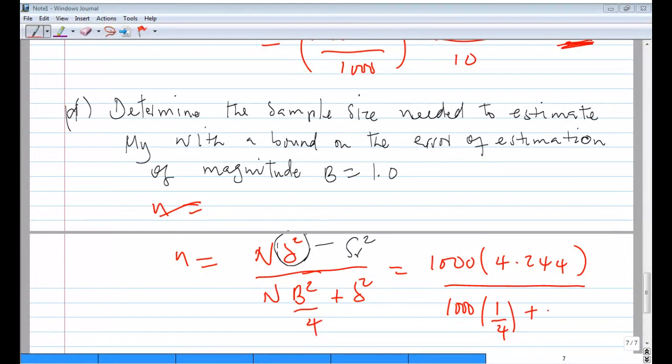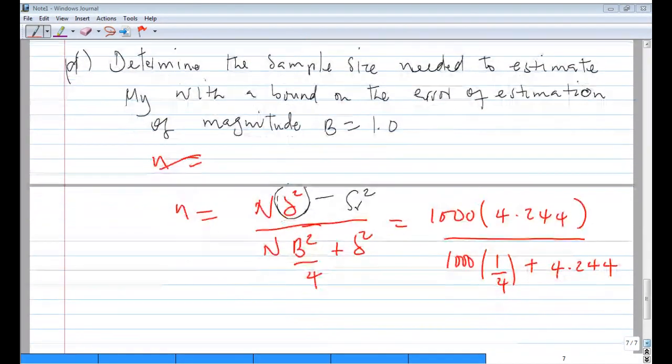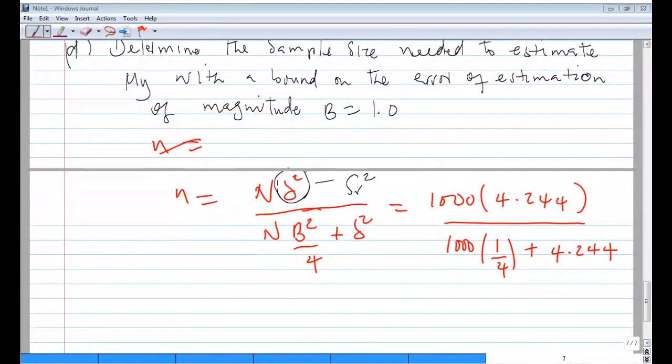Then you add the estimated variance. What is the answer? 16.693. Okay, because it's a sample size, you round it off to 17.